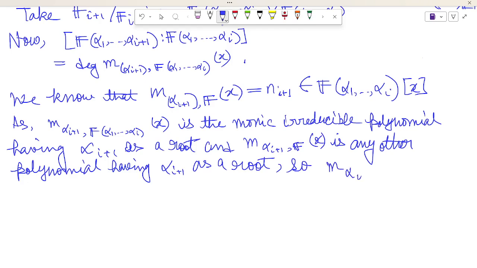So over the field F(x), m of alpha i plus 1.